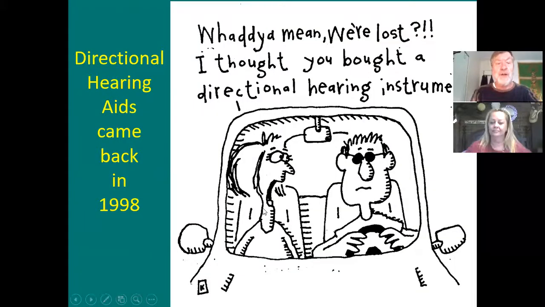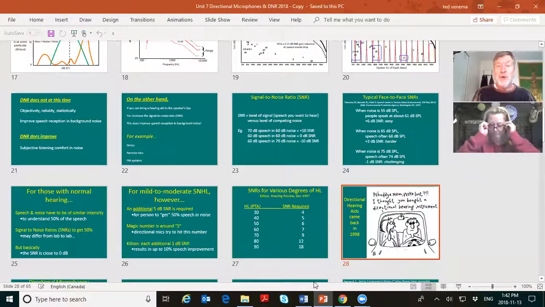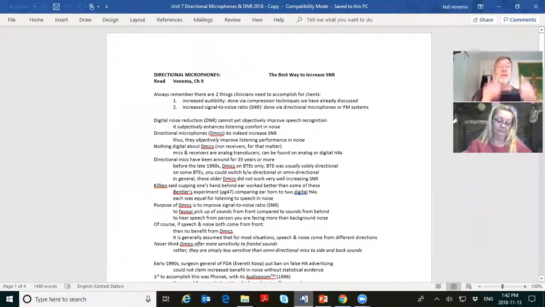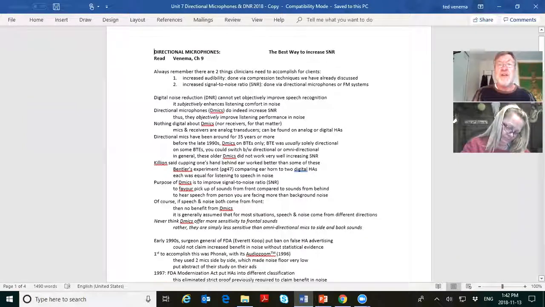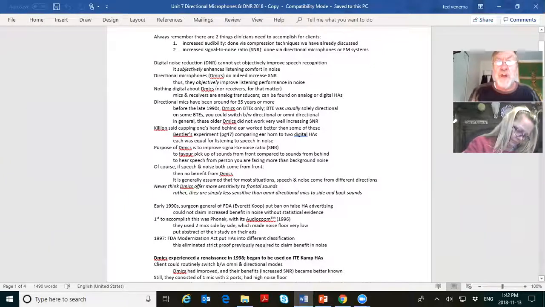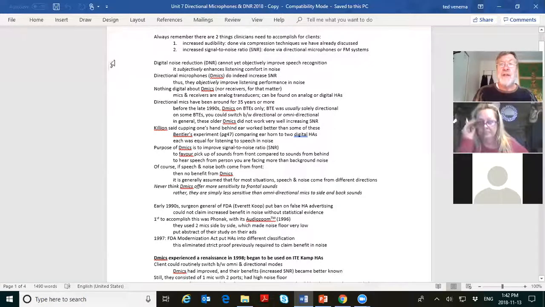Okay, so if I go to escape here and go to our notes. Okay, let's read what it says here. Always remember there are two things that clinicians need to accomplish for clients: increase audibility, and increase signal-to-noise ratio. And all of this stuff that I've written here, let's just read it together.